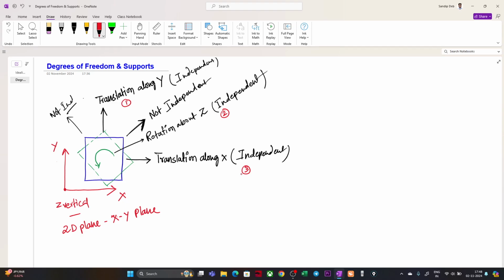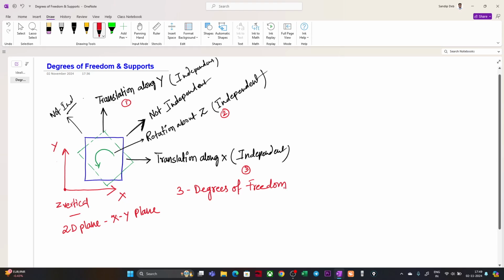Suppose you have this paper, it can move in many directions, but if you can define it with only one independent coordinate, then you say this is 1 degree of freedom. So for this particular system on a 2D plane, the xy plane, we can say it has 3 degrees of freedom.